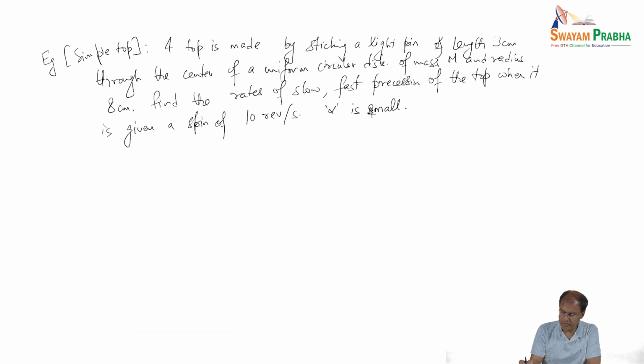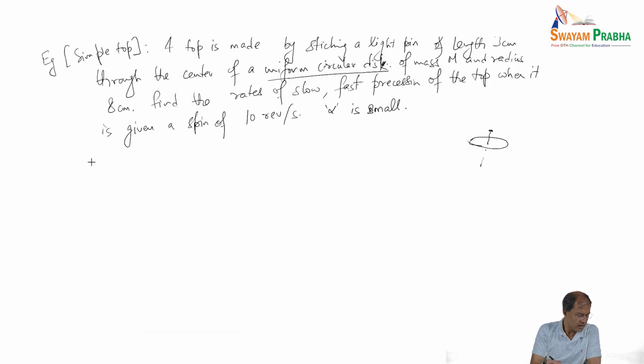Okay, so this is the case where we have attached a pin with a circular disc, right? So this is a disc attached to a pin, and we have to figure out first the moments of inertia of the disc.